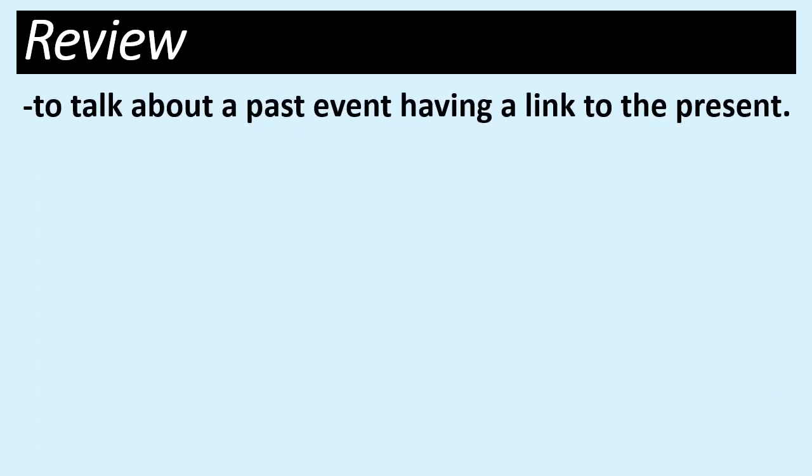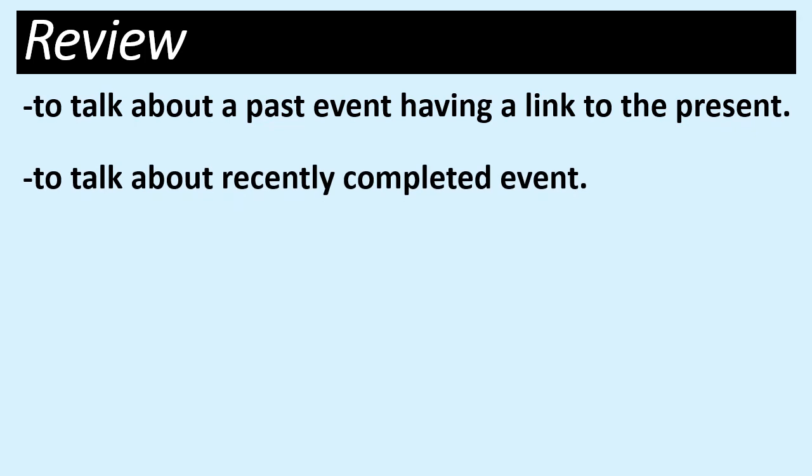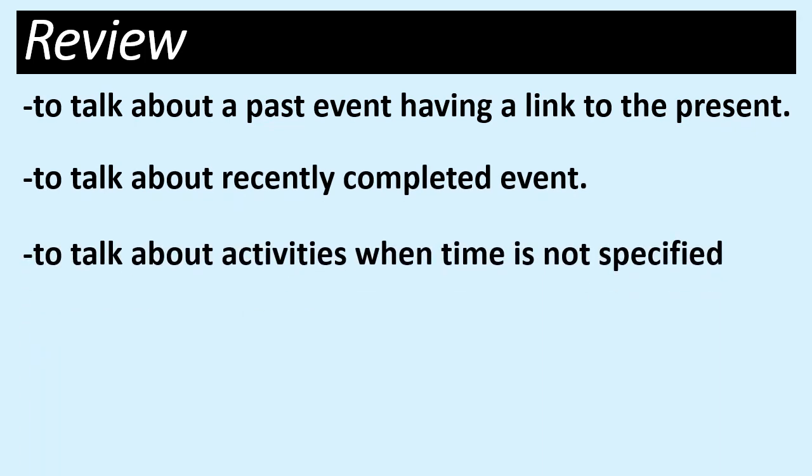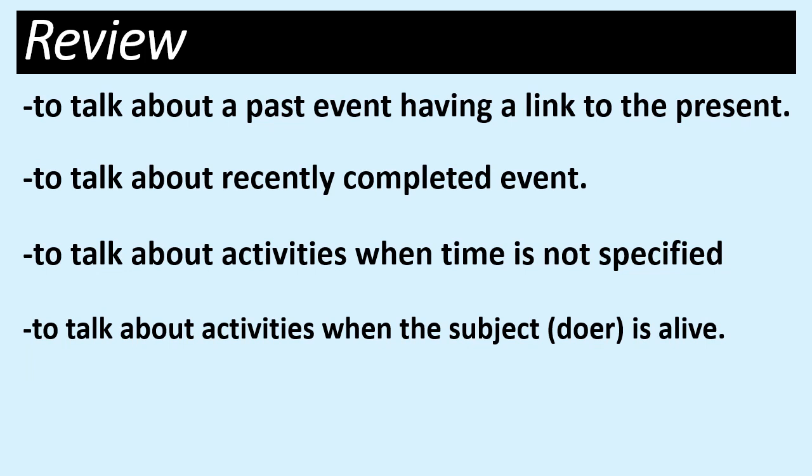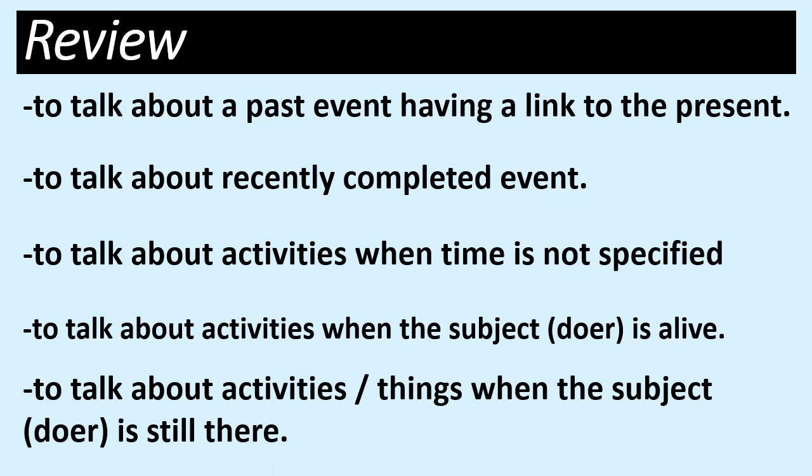Okay, let's have a review of the uses of the present perfect tense. We can use present perfect to talk about a past event having a link to the present, to talk about a recently completed event, to talk about activities when time is not specified, to talk about activities when the subject or doer is alive, and to talk about activities or things when the subject or doer is still here.